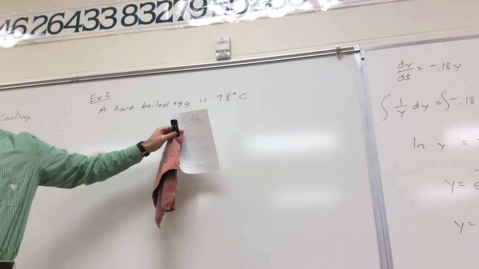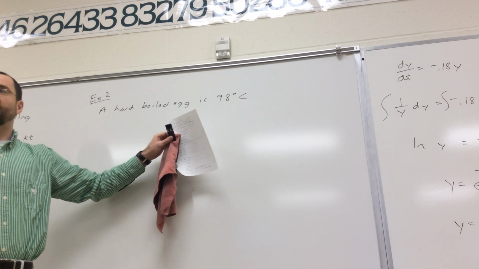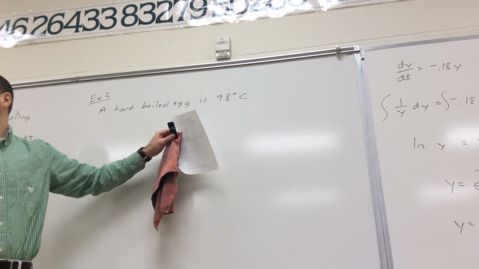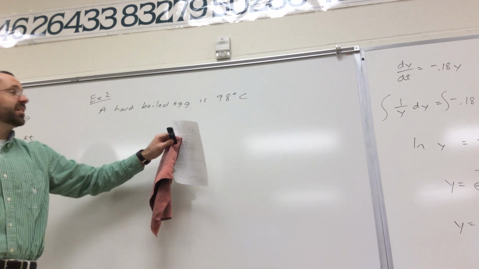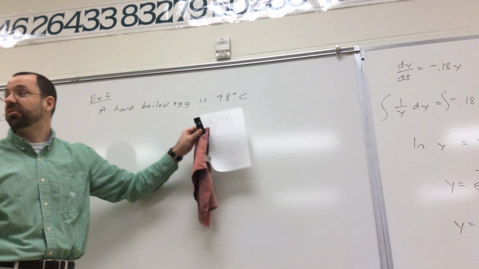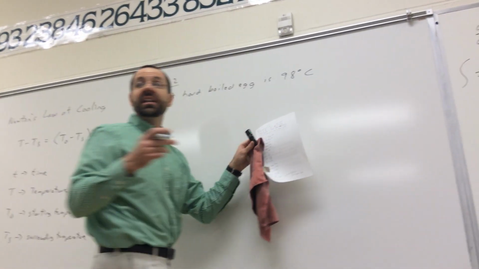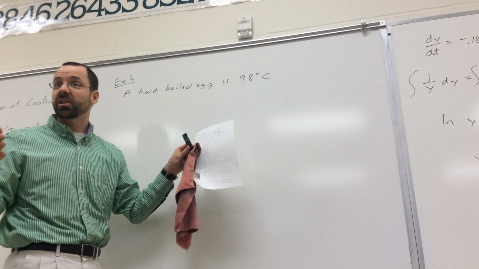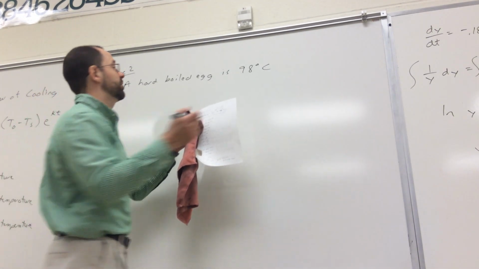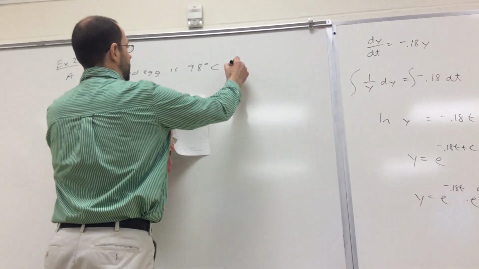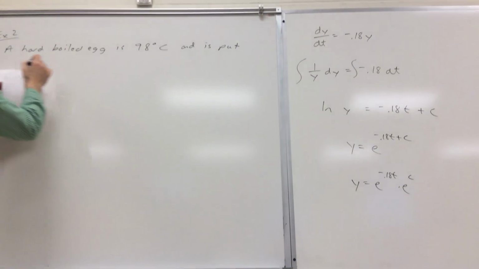The boiling water is 100 degrees Celsius, right? And then it hardens the egg so that you can eat it. That's called a hard-boiled egg. So then you take it out, and it's still really hot because it's been in the boiling water. So it's 98 degrees Celsius. So you want to eat it pretty quickly because you're hungry. So you put it under some running water to cool it down. So a hard-boiled egg is 98 degrees and is put under running water.